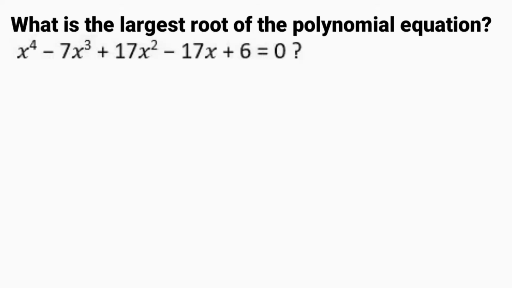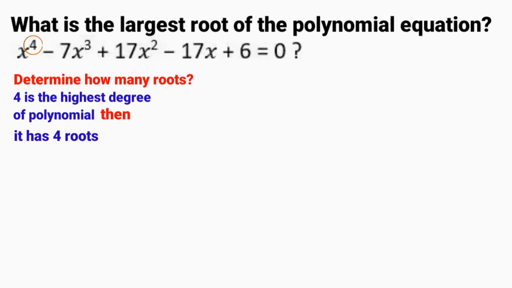What is the largest root of the polynomial equation x to the 4th power minus 7x cubed plus 17x squared minus 17x plus 6 is equal to 0? First, to determine how many roots, notice that 4 is the highest degree of the polynomial. Then, it has 4 roots.